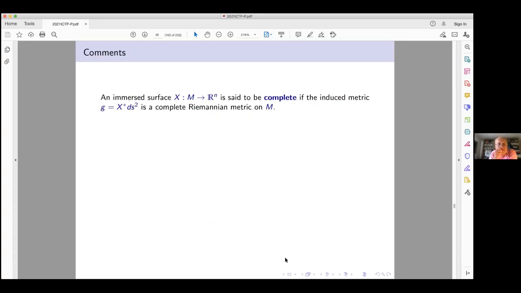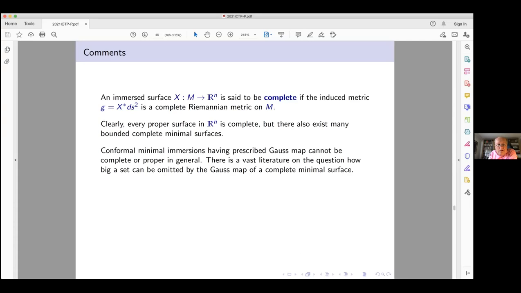Okay, so this is the second step. And here I have a few comments. So the main comment is this one, that these conformal minimal immersions which we construct, which have prescribed Gauss map, we cannot choose them to have lots of other properties like completeness or properness.